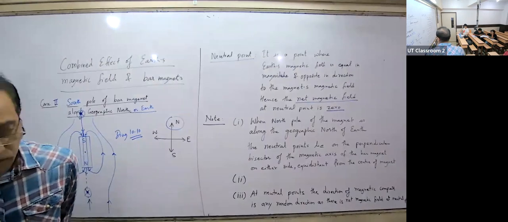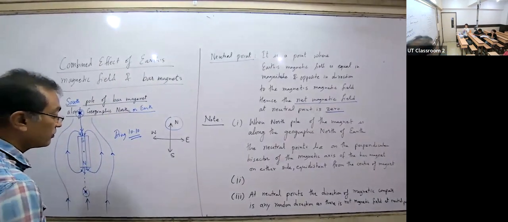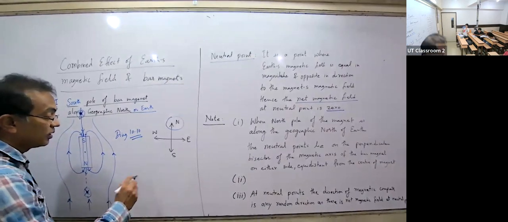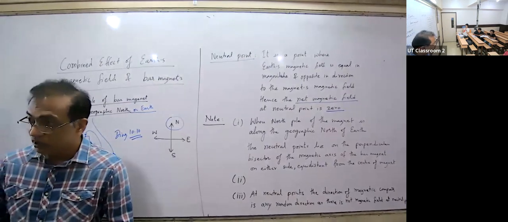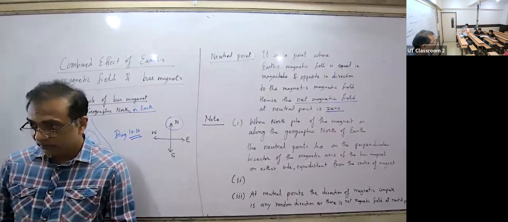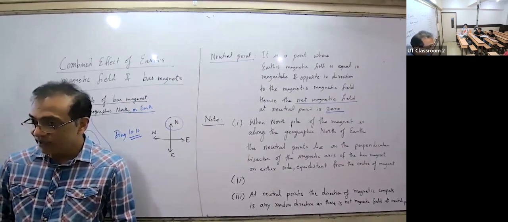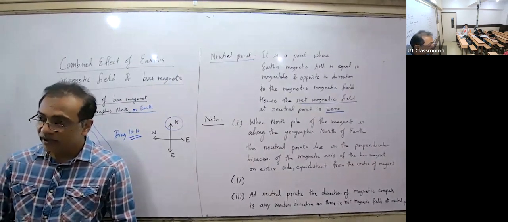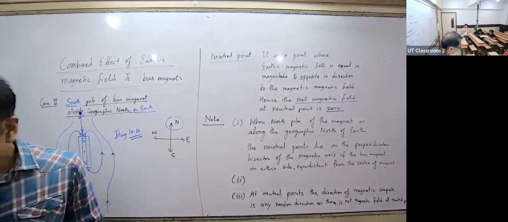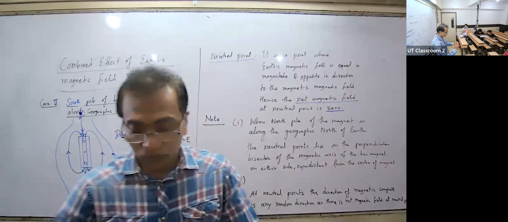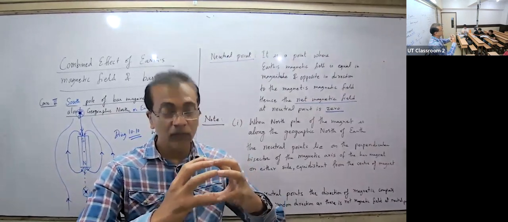So now see, Earth's magnetic field actually has two components, horizontal and vertical. Does it make sense? So if this is Earth, imagine this as a sphere, right?